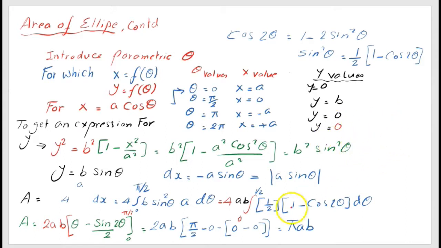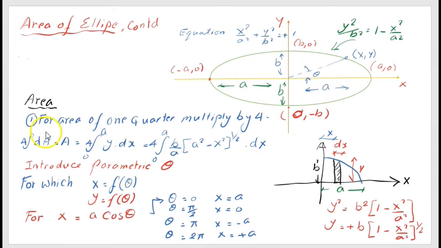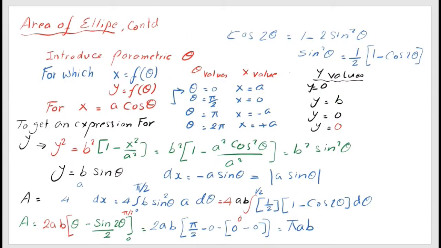Now, after getting the expression x equals a cosine theta, we know that our capital A is 4 times the integration of dA, which is y dx, integrated from 0 to a.